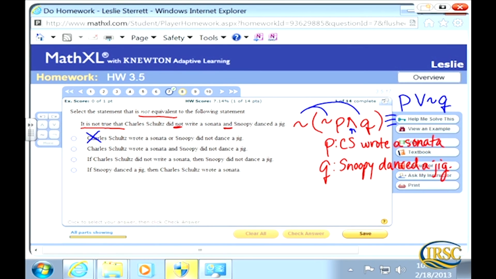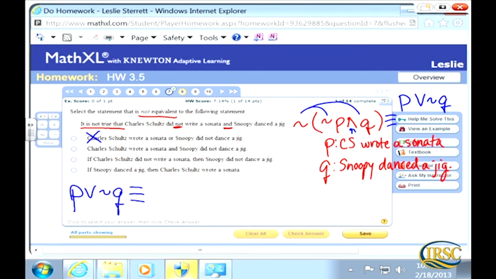Now, notice that we have an or statement. We just discussed in the last problem that an or statement can be rewritten as an if-then. So if I start with P or not Q, there are 2 ways that I can rewrite this as an if-then. Remember, pick one of the sides. If that's going to be your if part, you have to negate it.